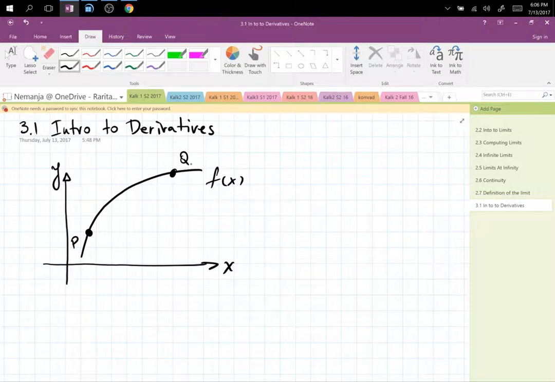Now I can calculate something that is called a secant line, which is the line that connects these 2 points. In Greek, secant means to cut. I'm going to call this point A. This is going to be x over here.